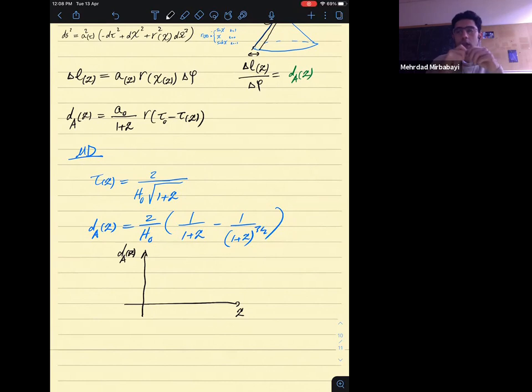So if z is near 0, then as I move to the past, the distance would just linearly grow with z, or chi would linearly grow with z. And then at short distances, we are effectively close to Minkowski. We don't see the effect of curvature. So this distance would just grow linearly.